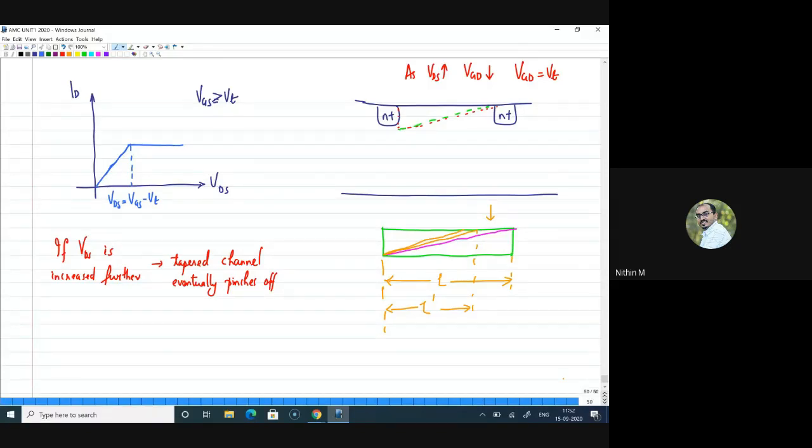So what do you think? What can be the reason for that? Why is the current not dropping down to zero? Any thoughts on that? Can I get a few responses in the chat box?